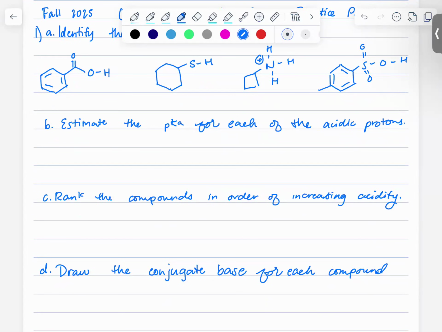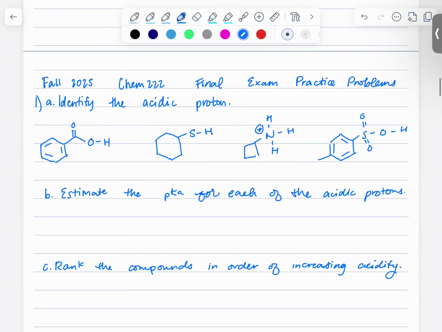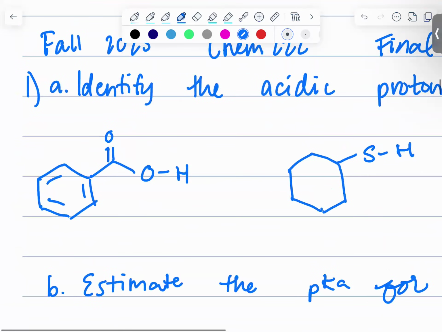Okay. Do we feel thumbs up, thumbs middle, thumbs down about pKa? Okay. I'm seeing mostly middles and ups. So we'll start with this one. First of all, what functional groups do we see here?